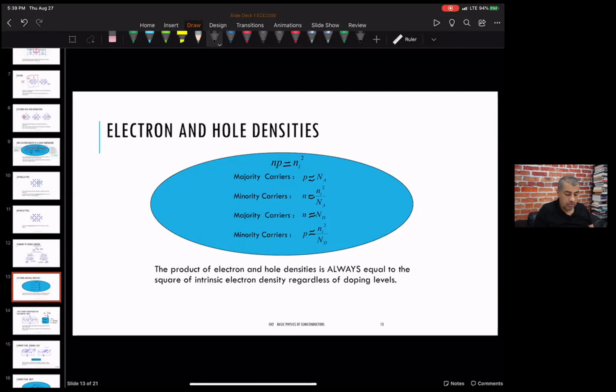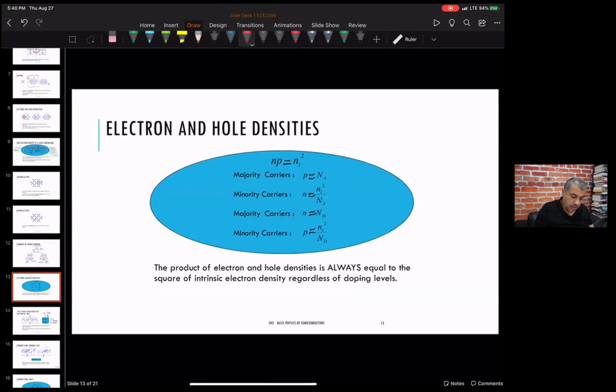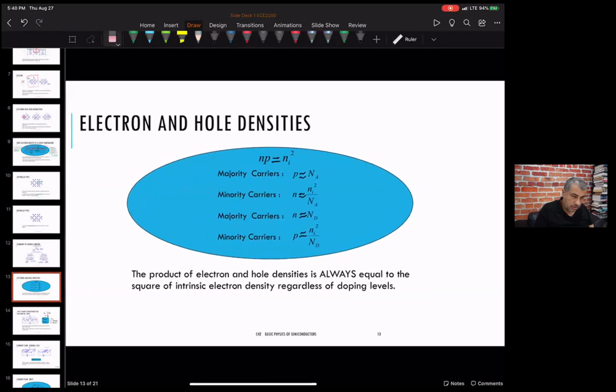The other thing you need to know, and we are presenting this as a given in this class, though there's a proof for it in semiconductor books, is that the product of electron and hole densities is always equal to the square of the intrinsic electron density, regardless of the doping level.